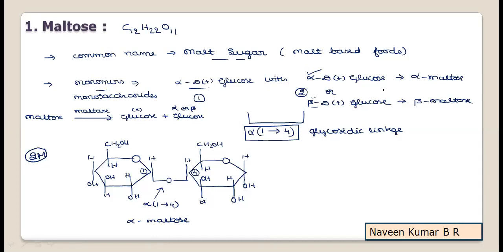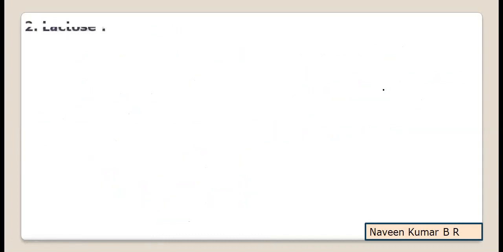I will try to learn the second one. It is lactose. Again, lactose has the same molecular formula, C12H22O11. Now, if you consider the common name of the compound, it is milk sugar.